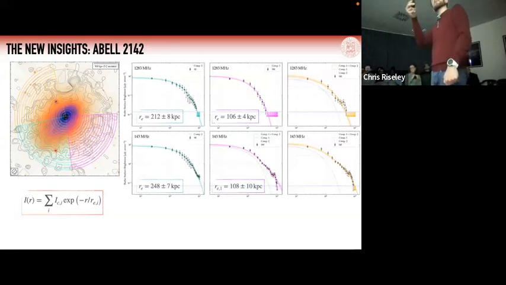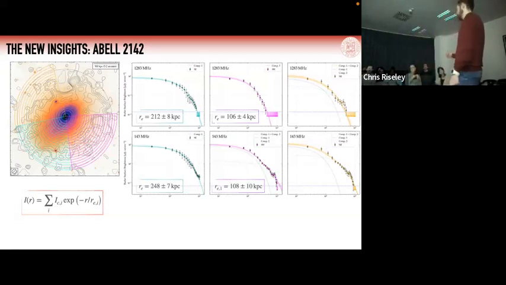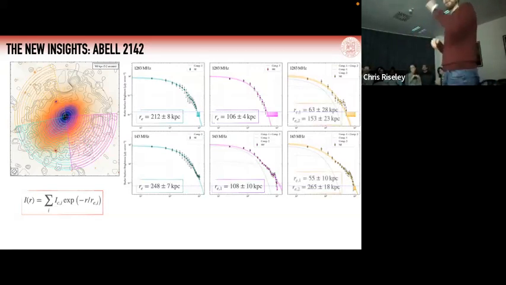And then finally, along the northeastern direction here with both MeerKAT and LOFAR, we do see evidence of two components, with the first one of which has a nicely consistent e-folding radius, and the second one is significantly larger with LOFAR, which really traces LOFAR's excellent sensitivity here. And the fact that LOFAR sees a lot more emission than MeerKAT, and this is the only one in my sample so far where this is the case, is really telling us this is probably steep spectrum emission.